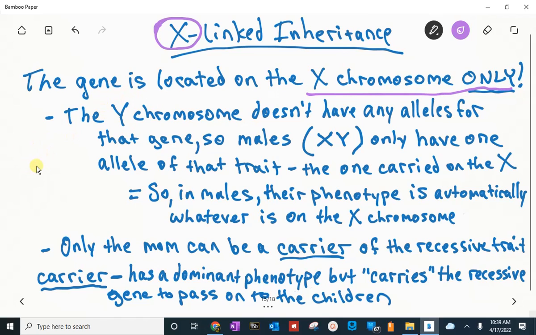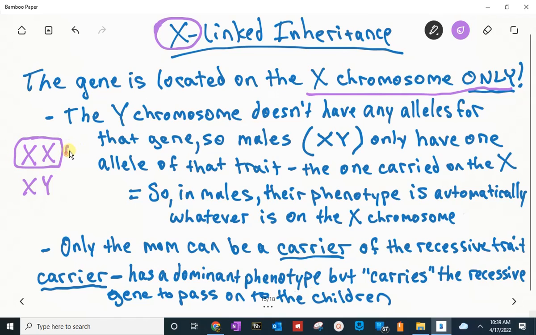And remember, on our sex chromosomes, the 23rd chromosome, you can either have two X's or an X and a Y. The X's are the mom's 23rd chromosome pair, and the XY is the dad's 23rd chromosome pair.